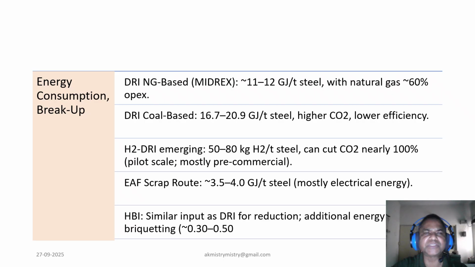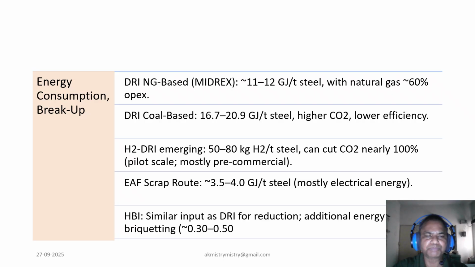Hydrogen-based DRI is emerging as a cleaner route, though still at pilot scale, needing around 50 to 80 kg of hydrogen per ton. By contrast, the scrap EAF route is the most energy efficient, requiring about 3.5 to 4 gigajoules and mostly electrical energy.